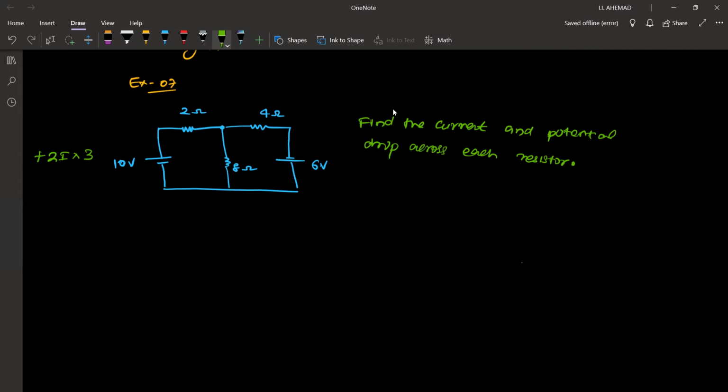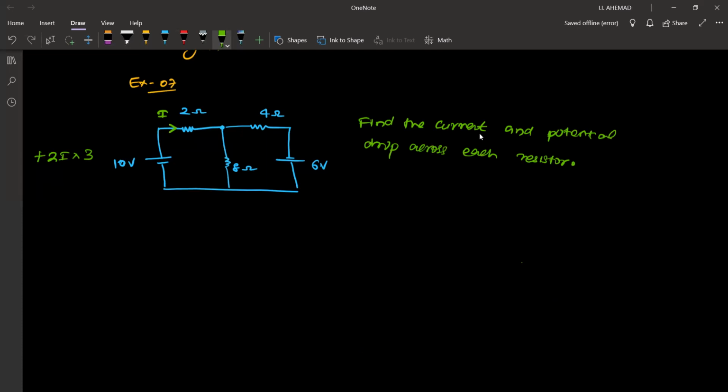Always, let's start from the higher potential, higher EMF. Okay, we will start from higher EMF and reduce the amount of unknowns. We will always try to reduce the number of unknowns. So I'll say the current here is I. I am starting from the 10-volt battery.